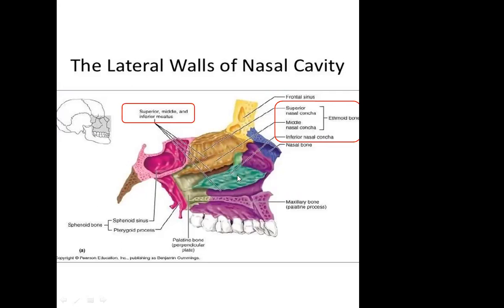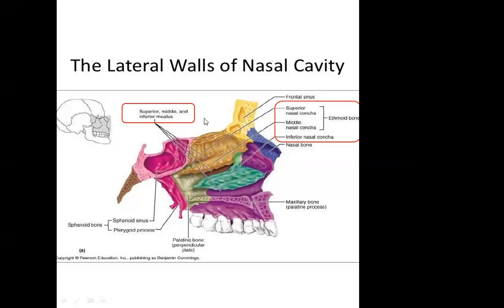It is a separate bone. Behind we have the perpendicular plate of palatine bone. This red color is the sphenoid process, the medial pterygoid plate of sphenoid bone. This is the body of sphenoid.